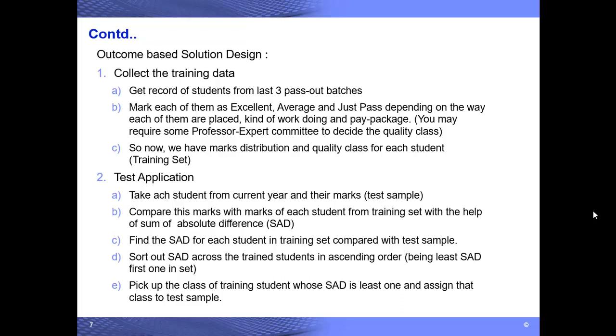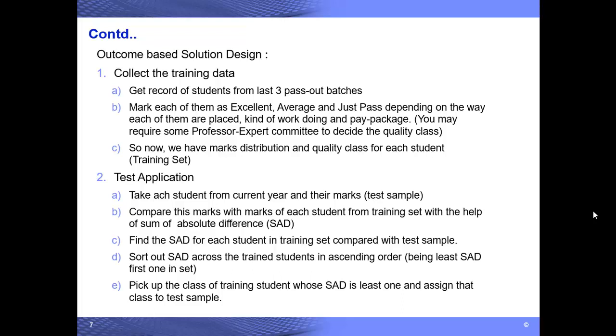Now our solution design, how we can solve that. What we can do is collect the training data. So get the records of students from the last 3 pass-out batches, and mark each of them as excellent, average, or just pass depending on the way each of them is placed, or the kind of work they are doing, or the pay package they currently have.